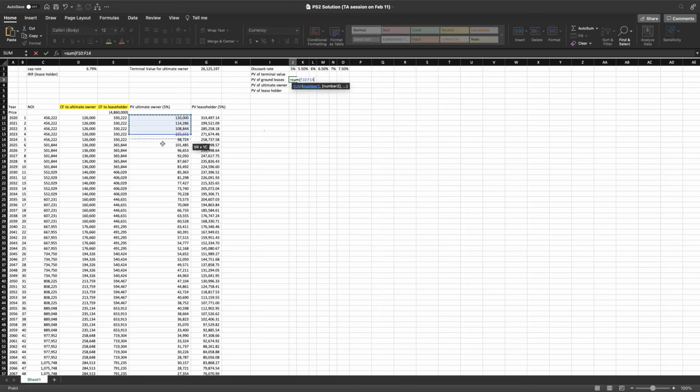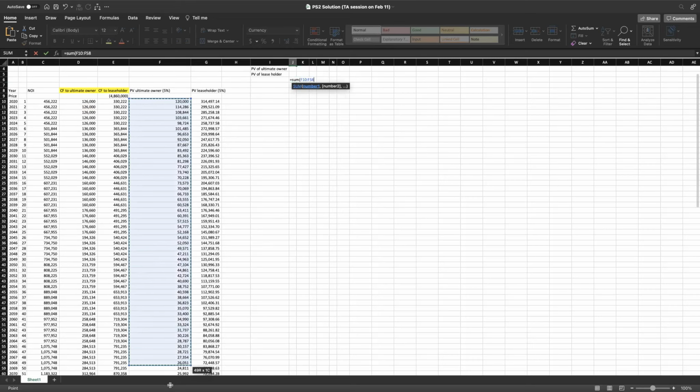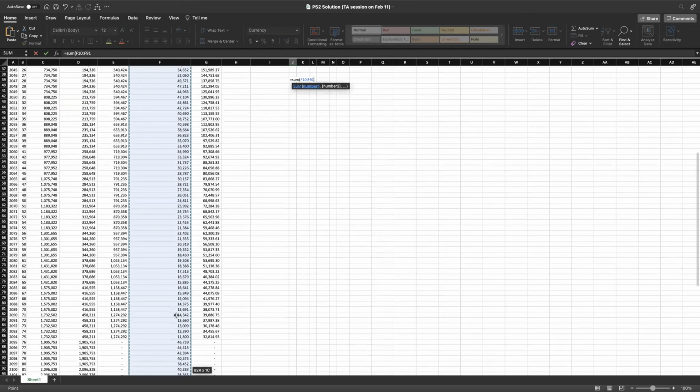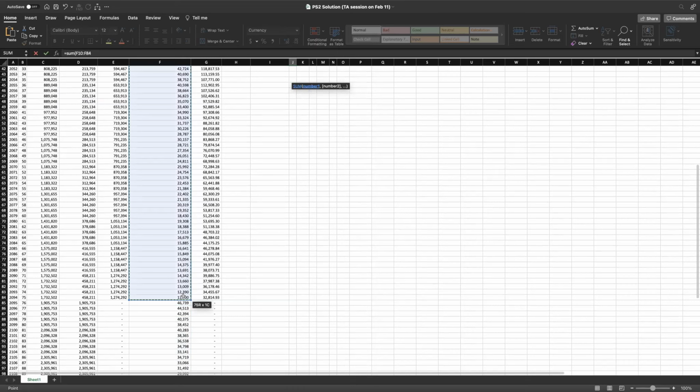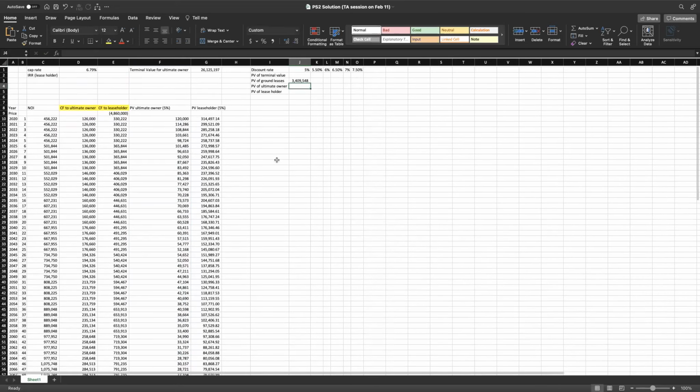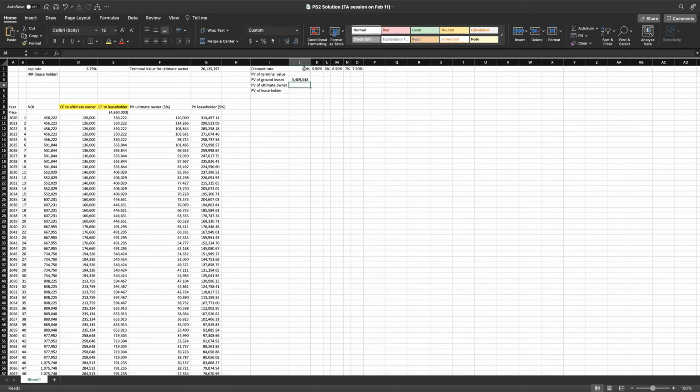It's simply a sum of everything until year 75. Note that in these two columns, F and G, I use 5% to discount all the future cash flow, so I can just sum everything here under this discount rate scenario of 5%.